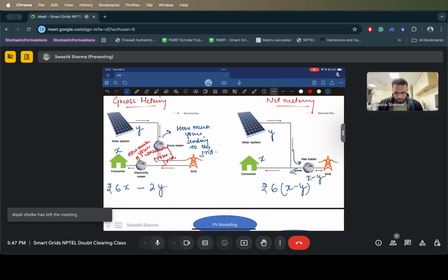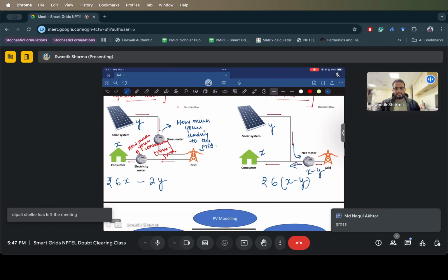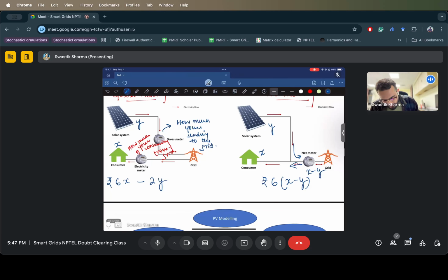Gross metering. Why would it be less in gross metering? Okay, let's do one thing. You consumed 100 units and you supplied 50 units. Now tell me what this value will be. X is equal to 100 and Y is equal to 50 for both cases.